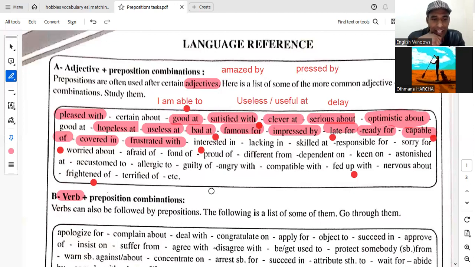Let me read an example sentence here. They say, Chinese farmers grew increasingly frustrated with their leaders. Frustrated with their leaders.